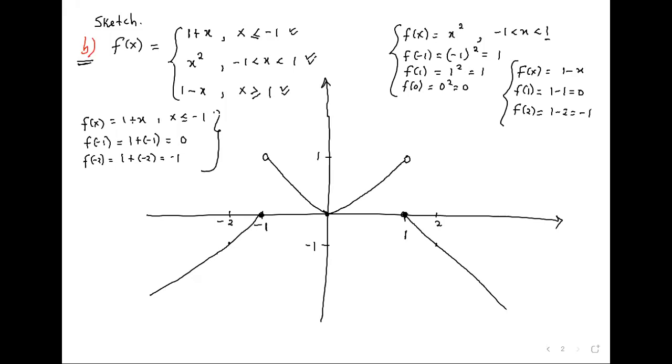Suppose you say, what is f of 0? And you're using the first function. You get 1 plus 0 to be 1. Then you want it to cross. It should go and cross there. Is that the case? No. It doesn't do that.